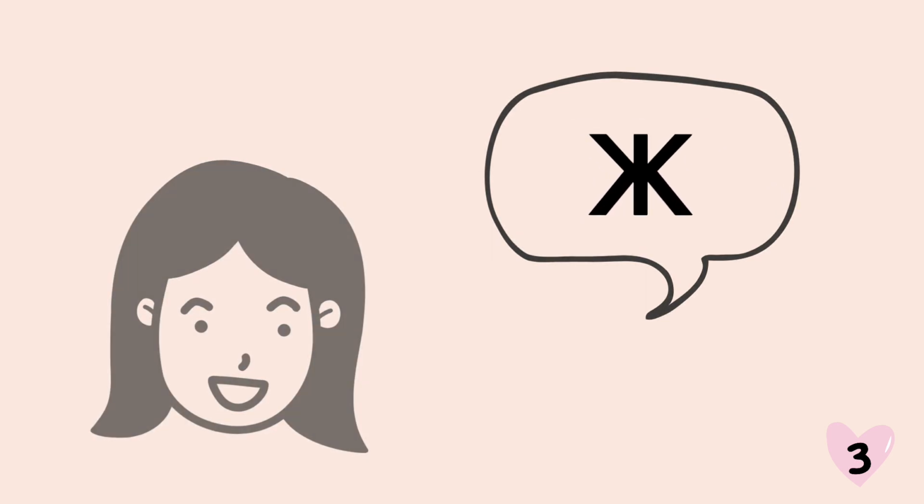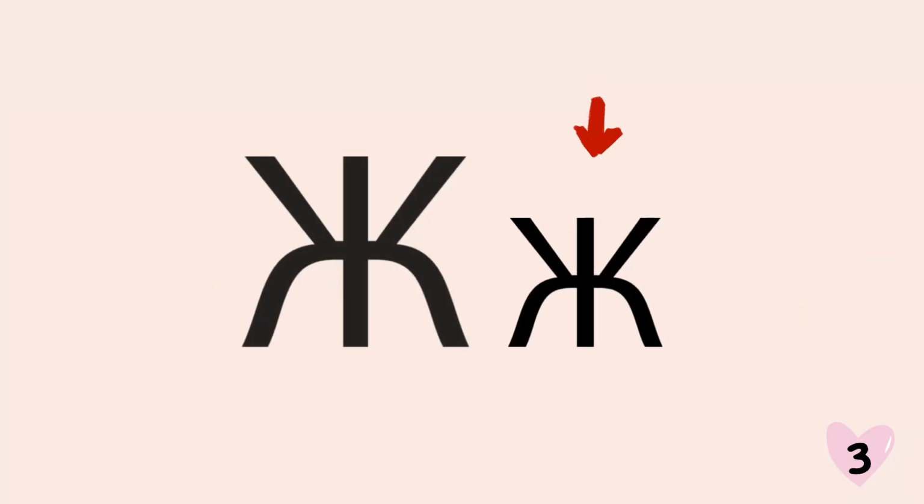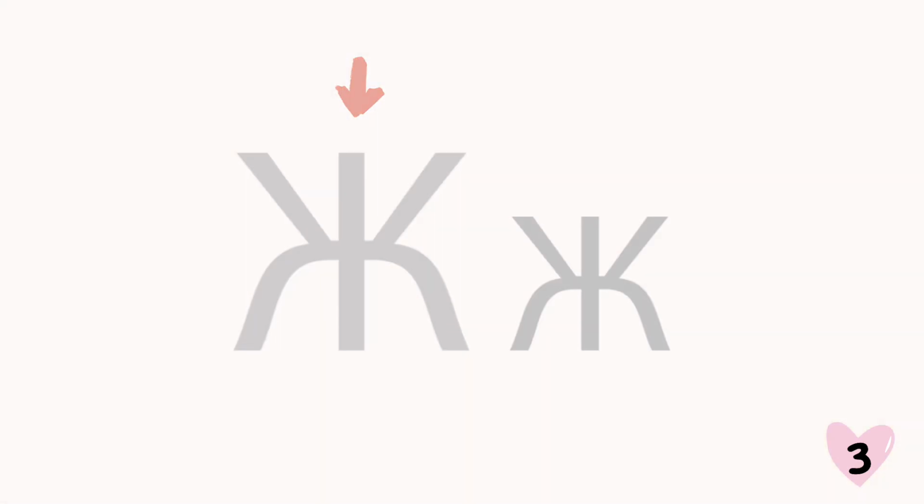Is a sound, and the letter is called Ж. The lowercase Ж looks exactly the same as the uppercase Ж.